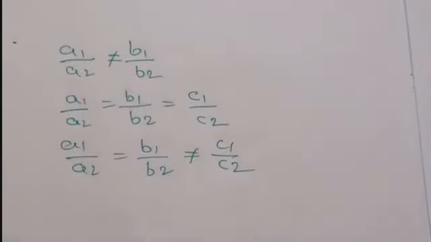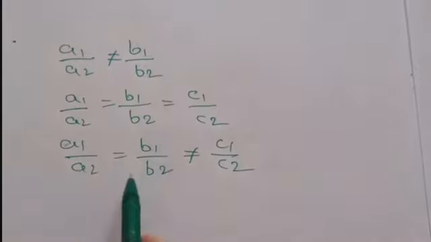Now let me clarify. First of all, we will move on to the question. Now if it is consistent, you need to pick the correct one among the four options in the MCQ. If you observe the options, the second one they have not given, the third one they have given but it's not your answer.